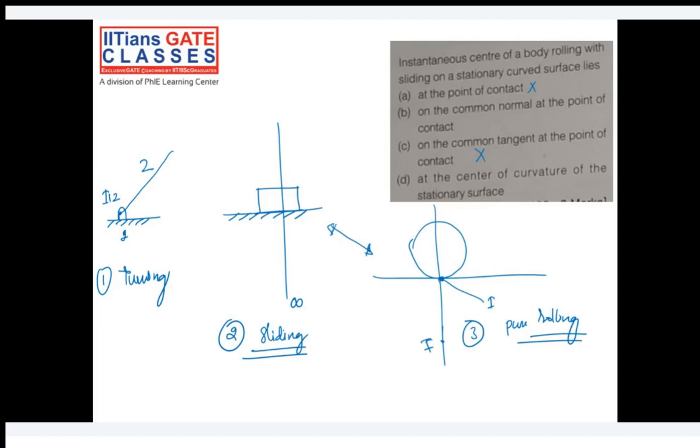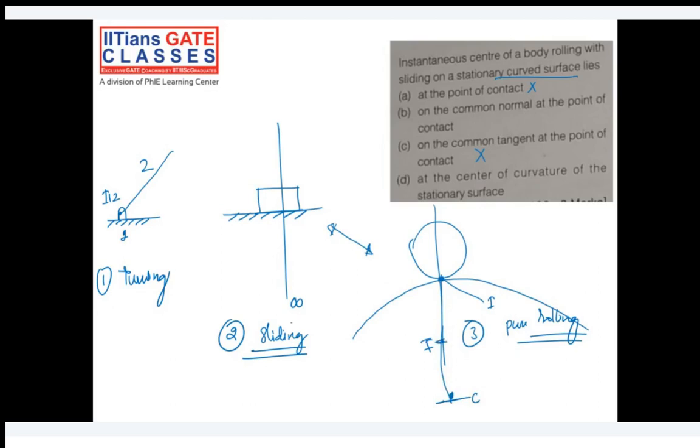Okay, because it's a flat surface, that's why we are considering it as infinity. Oh sorry, it is a stationary curved surface, right? Like this, sorry. If it is a stationary curved surface, let's say this is the curvature, so in between the center of the curvature and the point of contact, somewhere there will be an instantaneous center in this case. Okay, so in this case it is sliding.